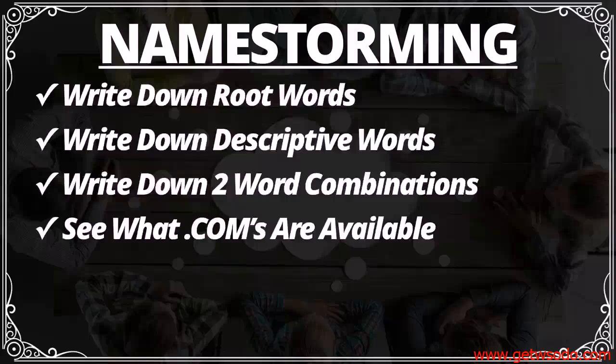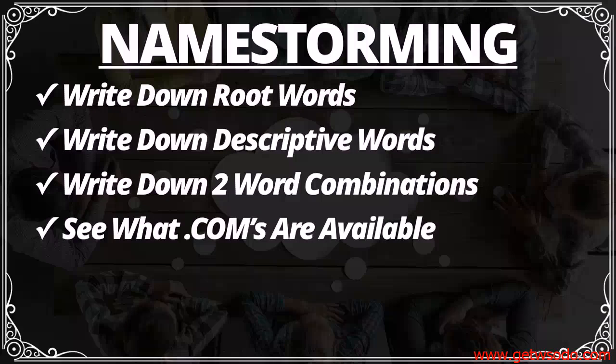And the next step is to see what .coms are available. Now, this is super important because you always, always, always want to build your membership site on a domain name that ends in a .com.